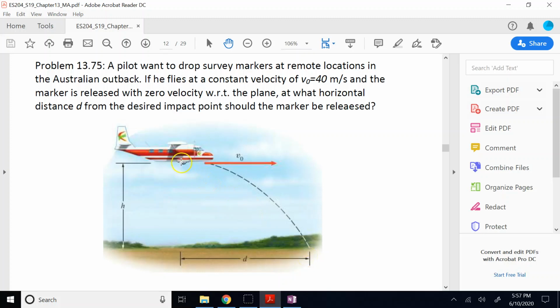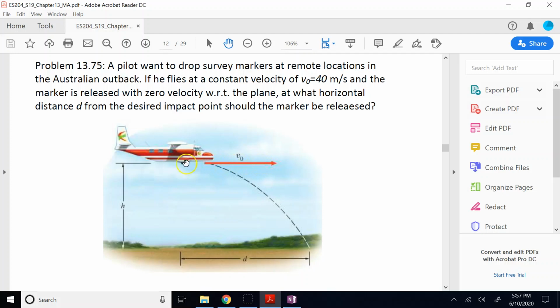First of all, why doesn't it directly go down? Why does it go and land in front of the airplane? Because this parcel here is moving with the airplane. And although you release it, it does not have 0 velocity, so it's not going to be a free fall. It does have the same velocity as the airplane because it is moving with the airplane.